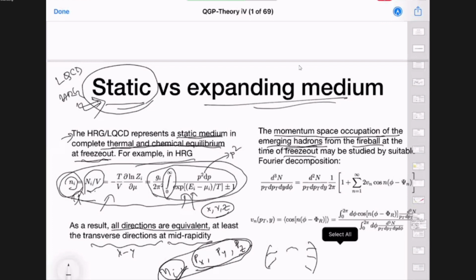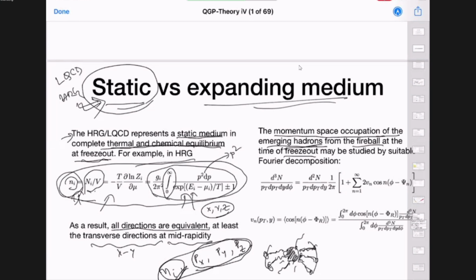if the fireball is somewhere here, we can think they're all coming out. So in the detector, the information that you are measuring, assuming that the hadrons had only free streamed from the fireball to the detector, means whatever was their state at the surface of last scattering or at freeze out, that state does not change, and they come with that same momentum and register at the detector.